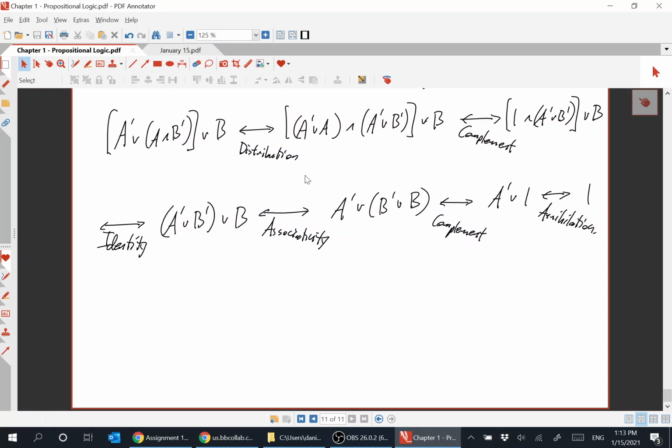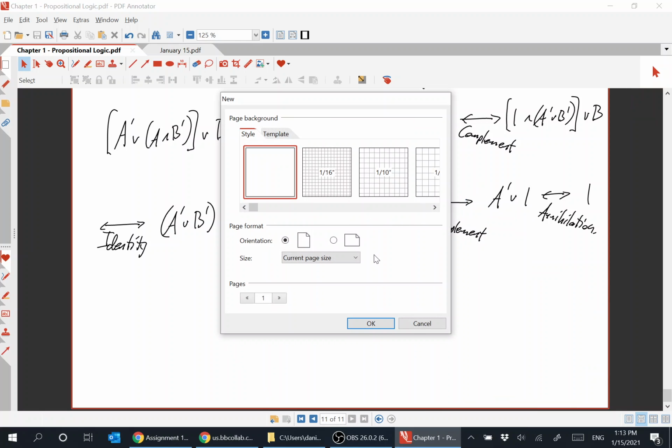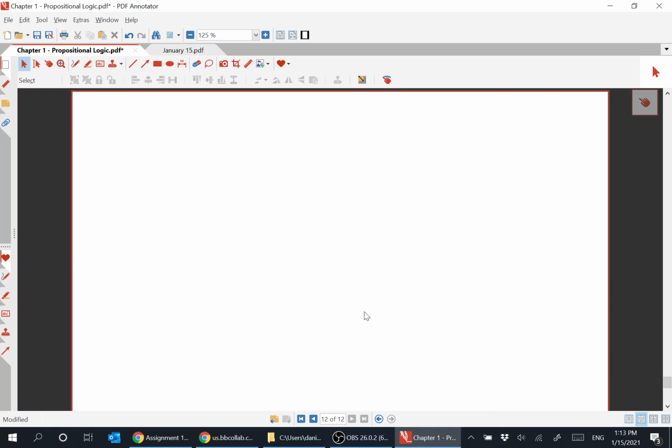So, okay. So for the last part of chapter 1, let's talk about translating English to propositional logic.